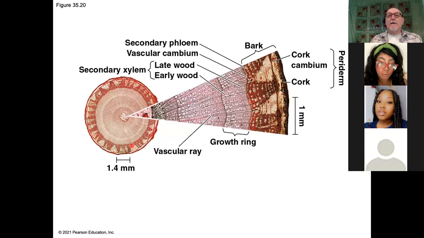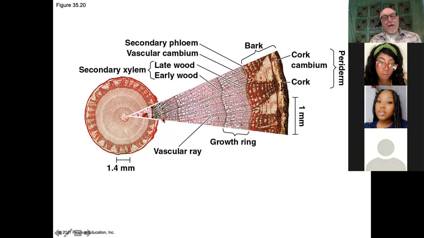This is now a plant which has undergone a couple of years of secondary growth. The pith is almost lost in the center here. In a very old tree, the pith is lost entirely. There's a growth ring there, there's a growth ring there, there's a growth ring there.